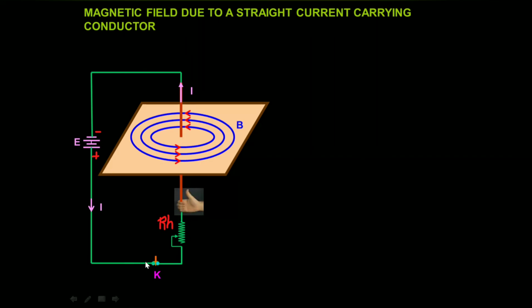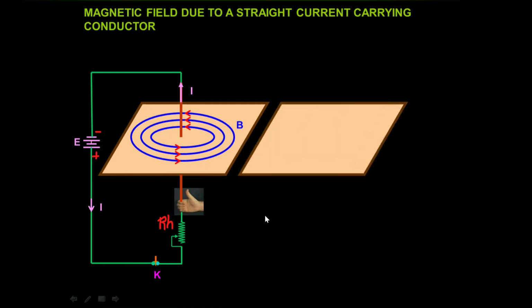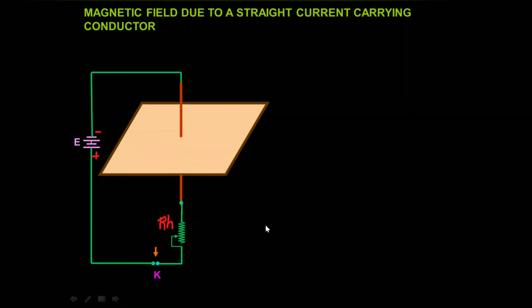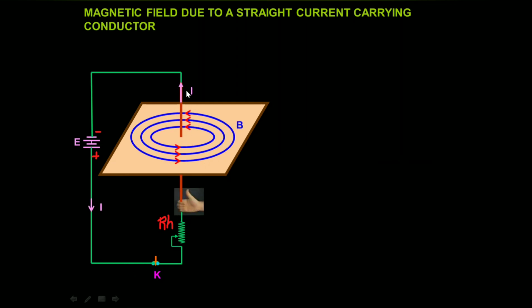Once the plug key is closed, the circuit is closed, the current flows through it, and as a result it produces magnetic field lines. These magnetic field lines look like circular rings, so circular magnetic patterns surround this straight current carrying conductor.